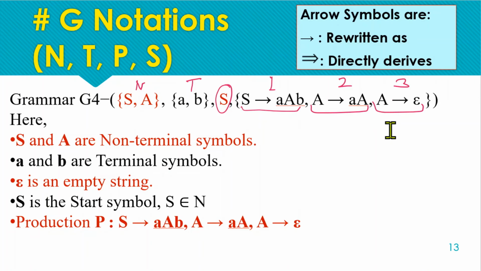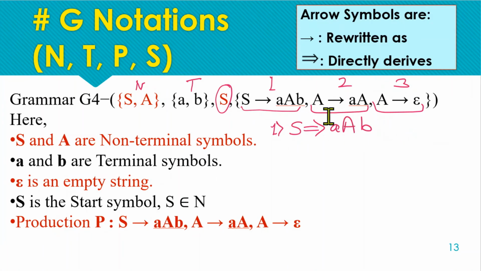Remember, A is not the start symbol, the start symbol is S. So we have to check what pattern of strings can be derived from these production rules. So let's start. From S we have to use this production rule only because S is the start symbol.